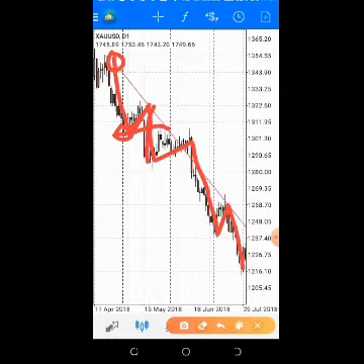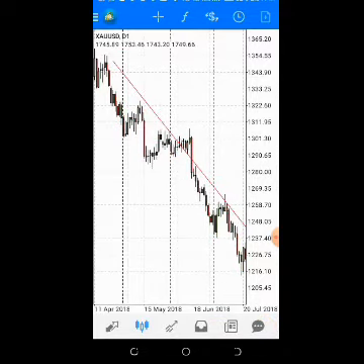By coming down, it breaks the support at this point, and then it retested the support, which is now that zone. It comes down. As it's coming down, it breaks another support, and then it goes down. Then it went up again, hits that particular support, which is now the resistance zone.